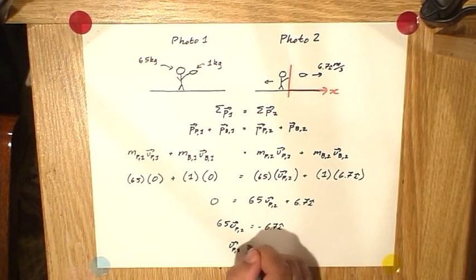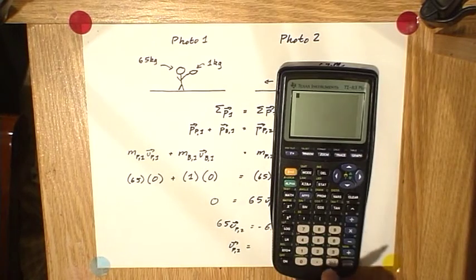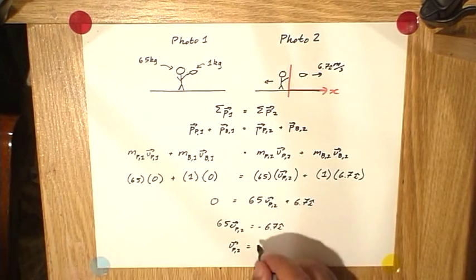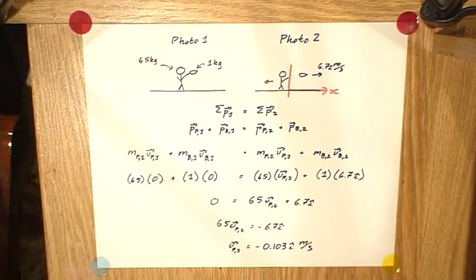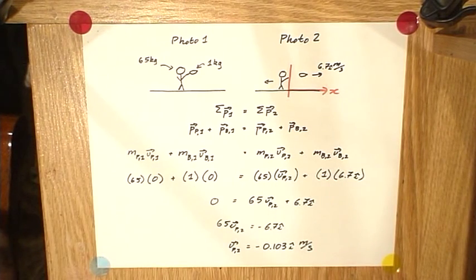Velocity of the person in photo 2 is equal to negative 6.7 i hat divided by 65, which gives us negative 0.103. So this is the person's final velocity. This is how fast the person is going to recoil after throwing the ball on an icy surface.